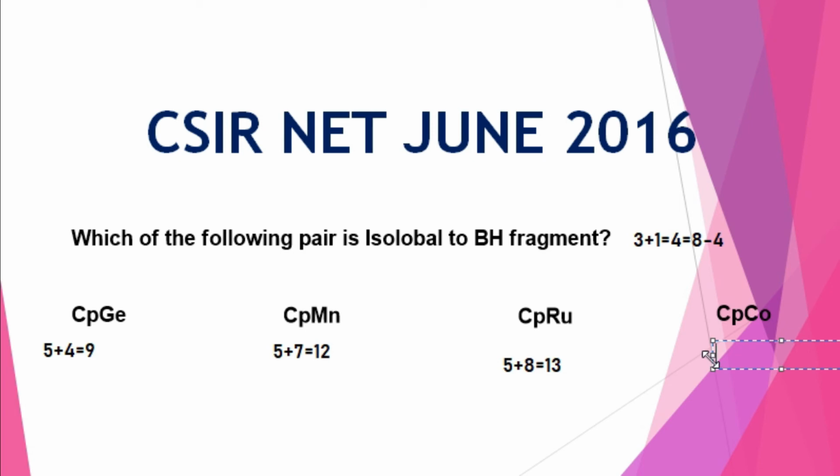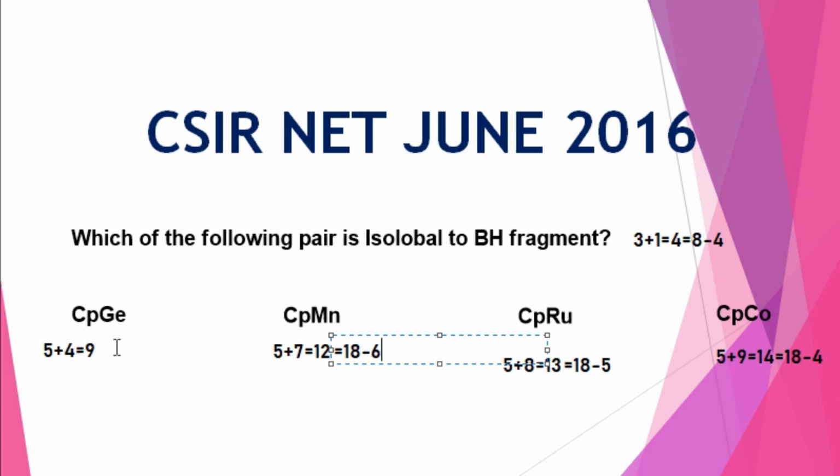CpCo(CO), the cobalt: for Cp there is 5 plus cobalt, which has 9 electrons. Okay, so you get 14, which can be written as 18 minus 4. So here, 13 can be written as 18 minus 5, and 12 can be written as 18 minus 6, and also 9 is very far from 18.